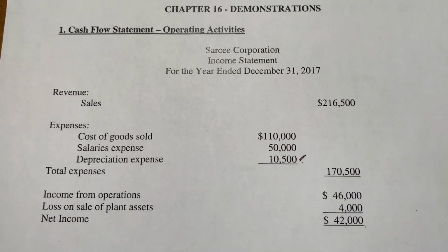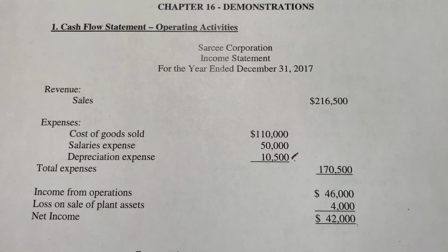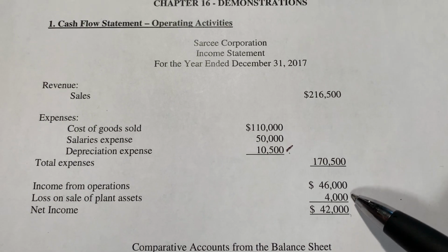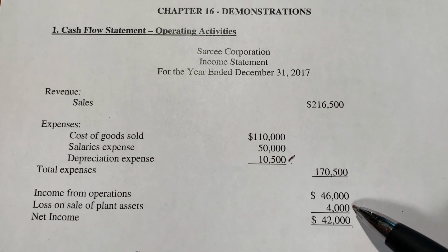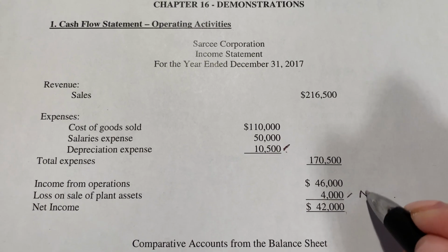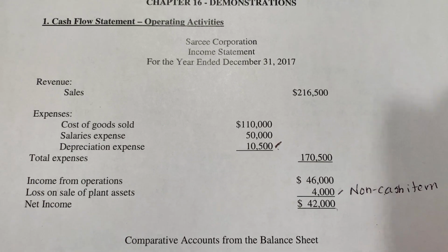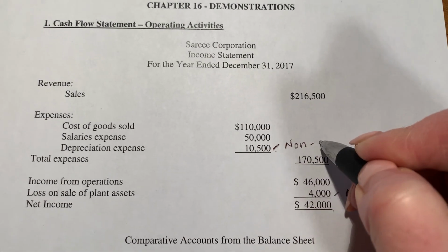And book value is derived from the cost less depreciation, right? So loss or gain on an asset or an investment is also a non-cash item. So this is the other non-cash item that you are going to adjust on your cash flow statement.